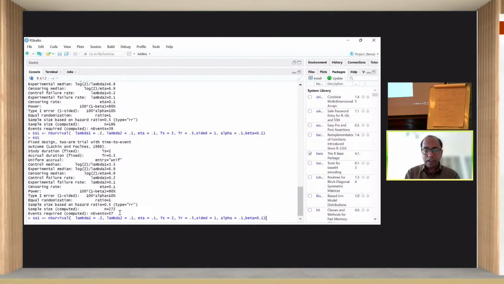But rather than 0.2 as lambda 1, let me put 0.25 for lambda 1. I put in a bigger difference. Here the difference between lambda 1 and lambda 2 was 0.1, but now it becomes 0.15. These things are unchanged. Let's see what happened.